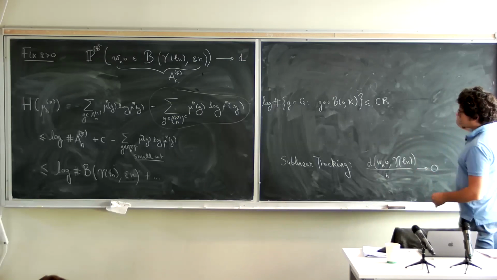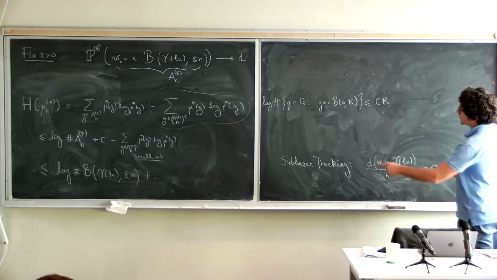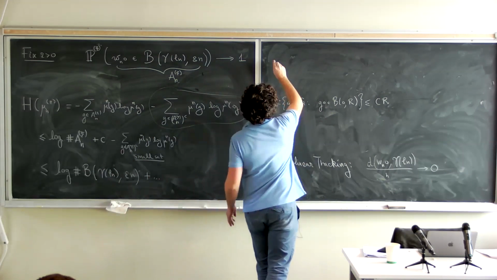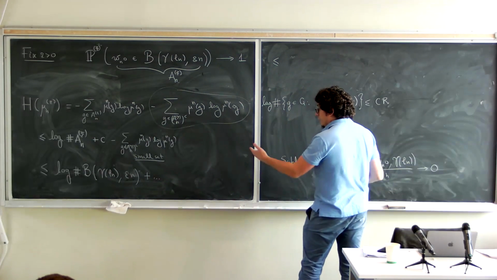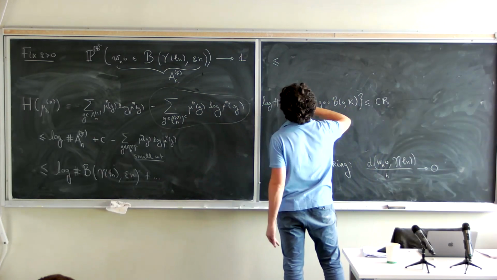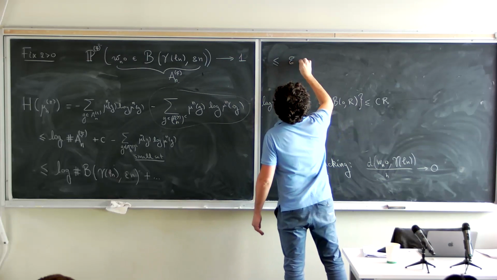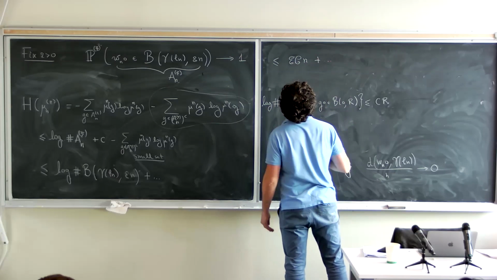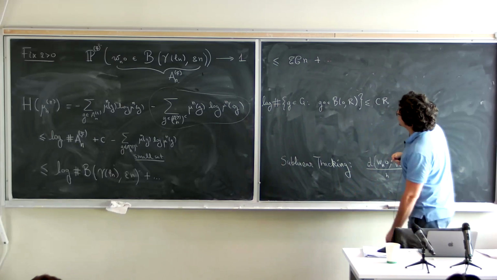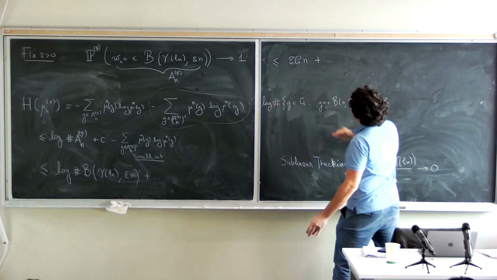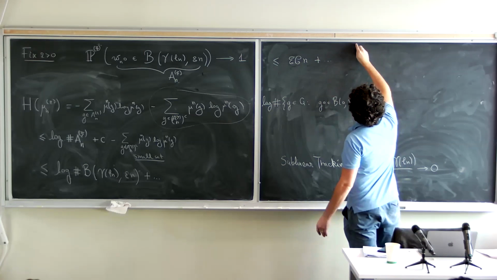So this term is less than or equal to epsilon C n, plus small order terms. Clearly, divided by n, this goes to 0.